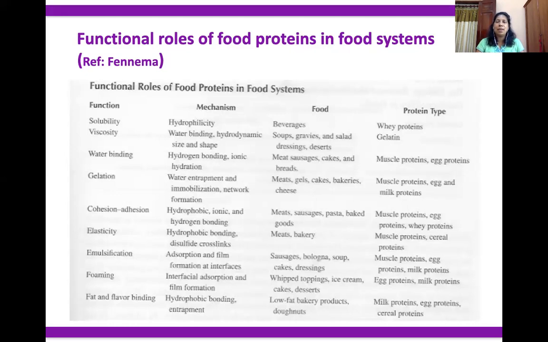Muscle protein, egg and milk protein, milk proteins also, there are gelation abilities there. I mentioned to you earlier also the bakeries, cheese and these things, they have that gelation ability because the protein has water entrapment, immobilization and network formation ability, especially in the case of cheese formation.